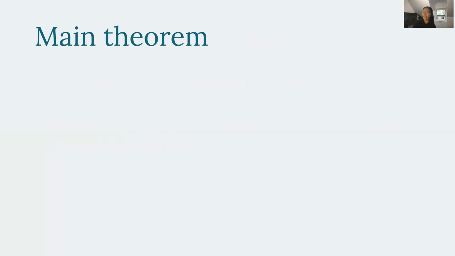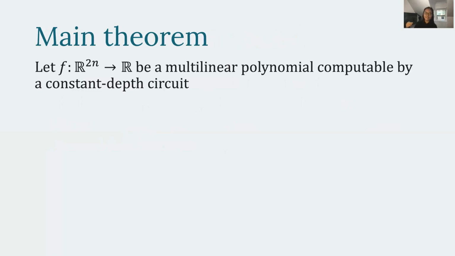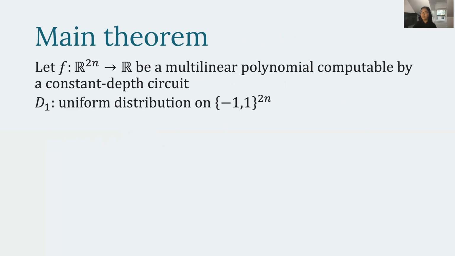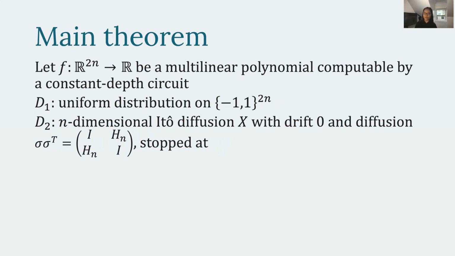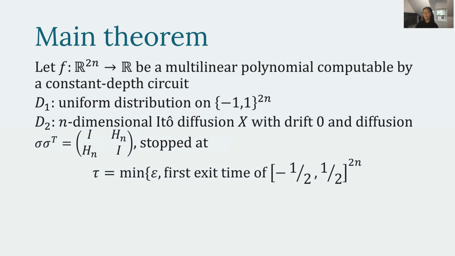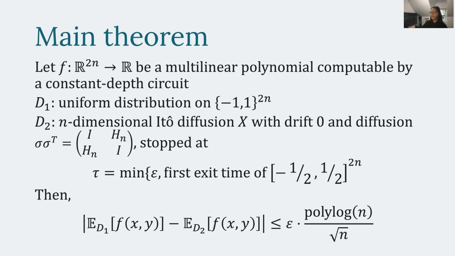The main technical theorem here says that if I have a function f that's a multilinear polynomial computable by a constant depth circuit, then I take these two distributions: D1 is just the uniform distribution on plus minus 1, and D2 is an n-dimensional stochastic process with diffusion matrix equal to this HN matrix, and it's stopped at the minimum of epsilon and the first exit time of the minus a half to the 2n block.